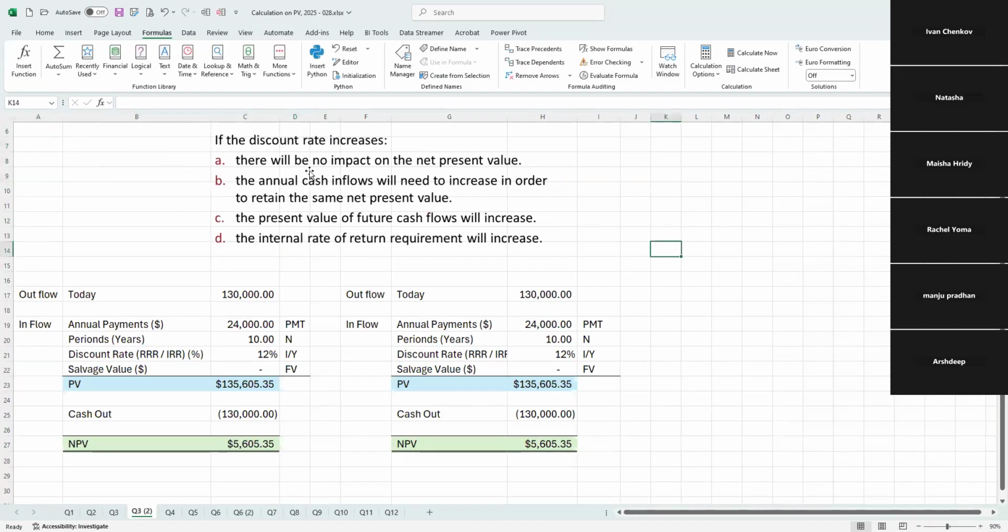What's going to happen if the discount rate increases from 12 to 14? First one: there is no impact on the present value. Is that true? We increased the interest rate. Did the net present value change? Yes, it did. So the first one is gone. Second one: the internal rate of return requirement will increase.